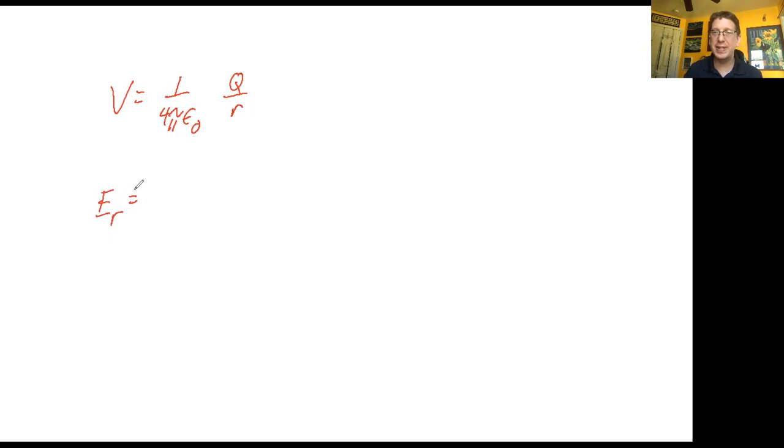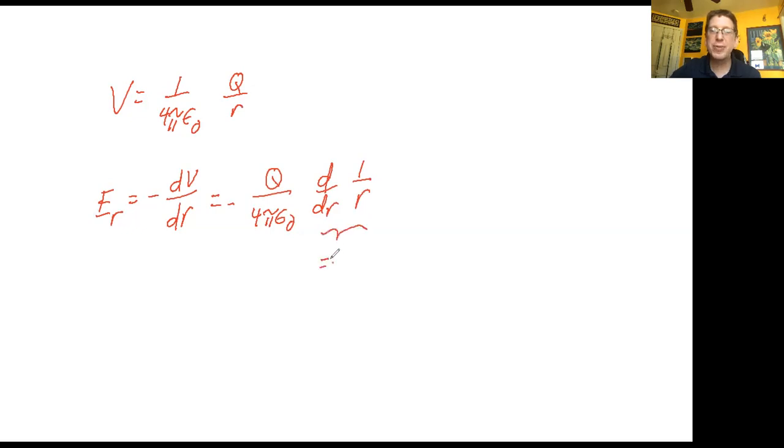And if it's negative, it's pointing towards the charge. So that's equal to negative dV over dr. And again, we're assuming it's either a point charge or a spherically symmetric distribution. So that's equal to negative Q over 4 pi epsilon naught times the derivative with respect to R of 1 over r. So this derivative is just equal to negative 1 over r squared. Remember, 1 over r is r to the negative 1 power.